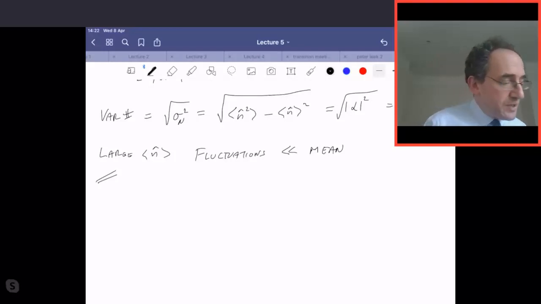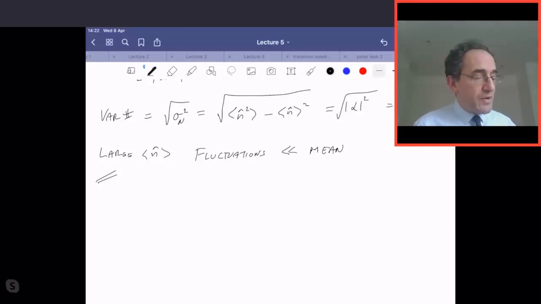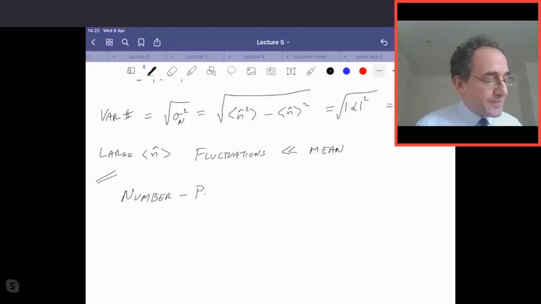One more thing that's really useful to know about coherent states is the idea that they have a number-phase relation. It's useful for laser light, for superfluids, superconductors. Let's see how this works. Let's set the parameter alpha to be the magnitude of alpha, e to the i phi.